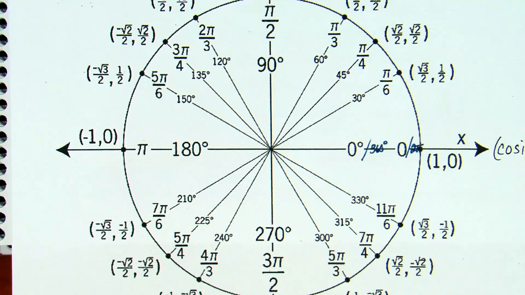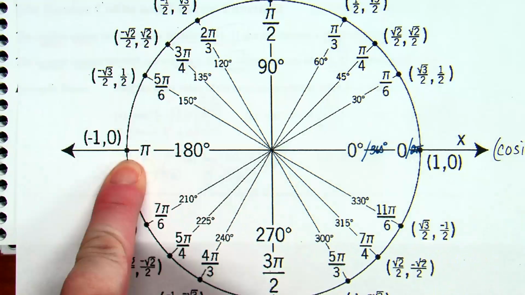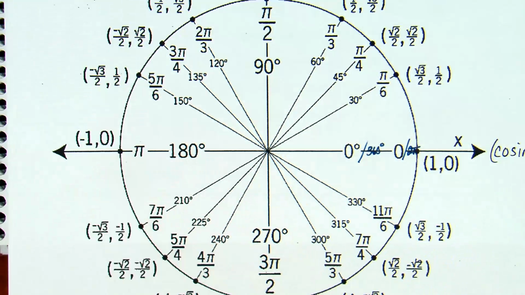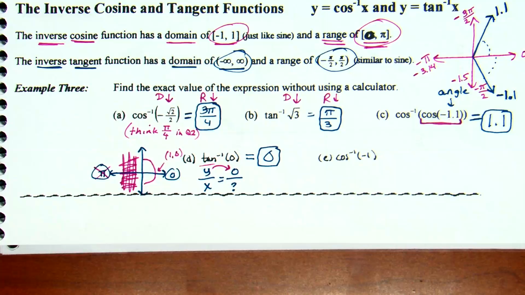When does cosine equal -1? Probably at pi. Any place else? No. Is that an appropriate answer? Yes, because we're talking about cosine. And what's the range of cosine? The top half, right?